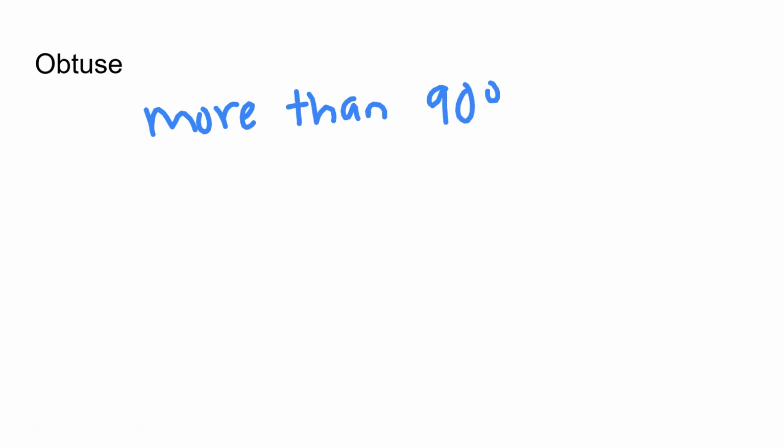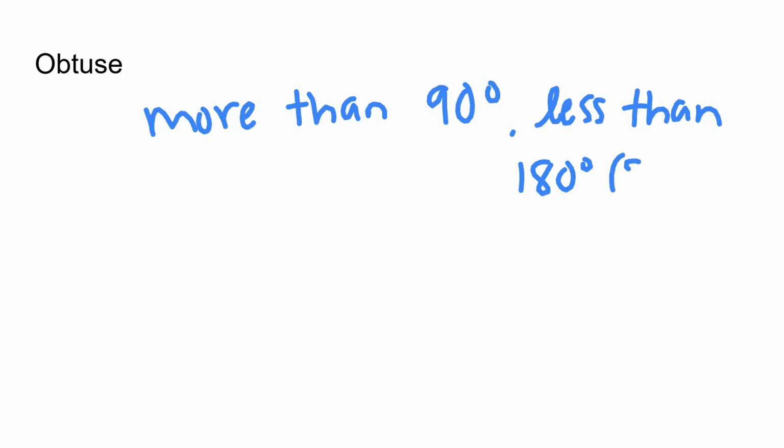Next, I have an obtuse angle. This is an angle more than 90 degrees, but less than 180 degrees, which is a straight line. Okay, so this is anything more than 90 degrees, but not a straight line.